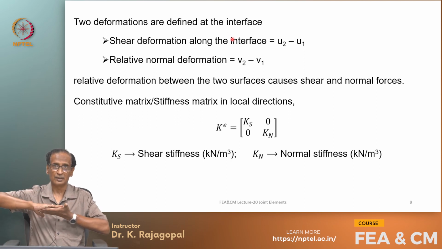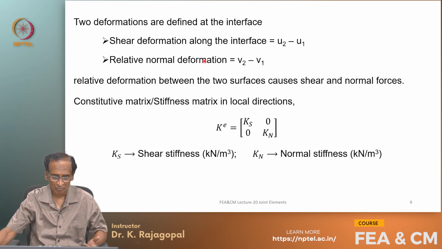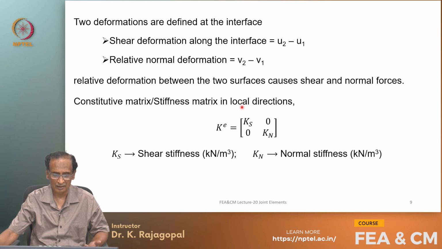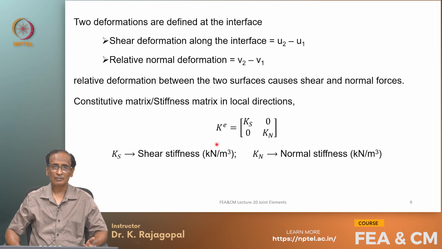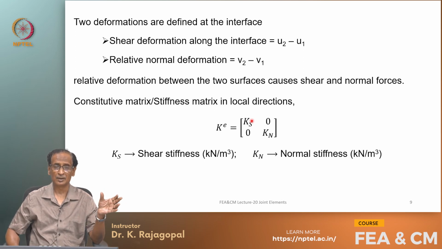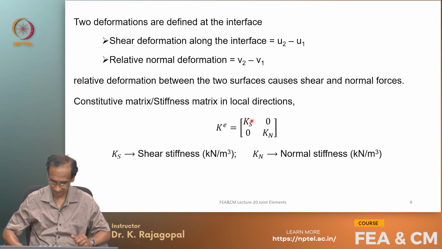So, if you have two surfaces, whether they are sliding against each other or they are separating out or they are compressing against each other, that is enough for us to calculate the stresses by multiplying the relative displacement with these stiffness coefficients Ks and Kn, and the units for these are the F by L cube units, kilonewton per cubic meter. So, this multiplied by our relative displacement will give you the stress, either the shear stress or the normal stress.